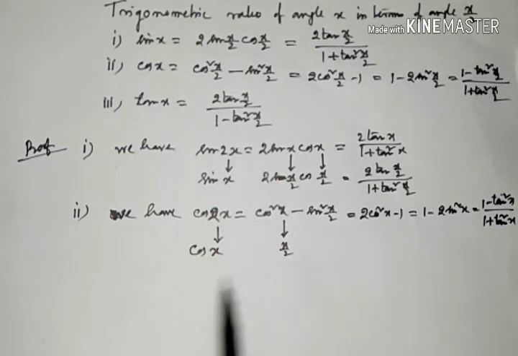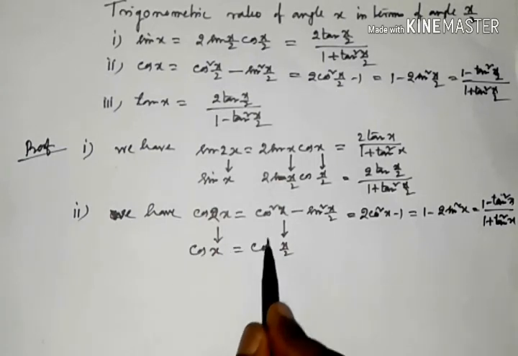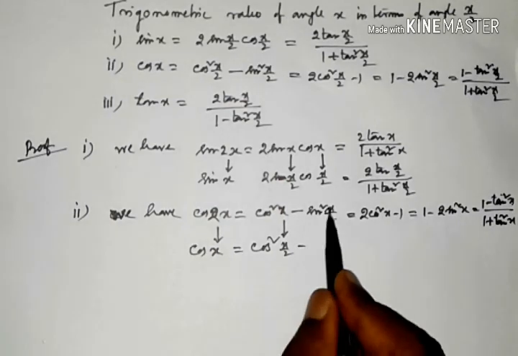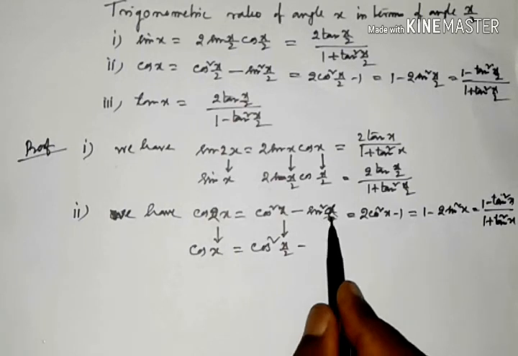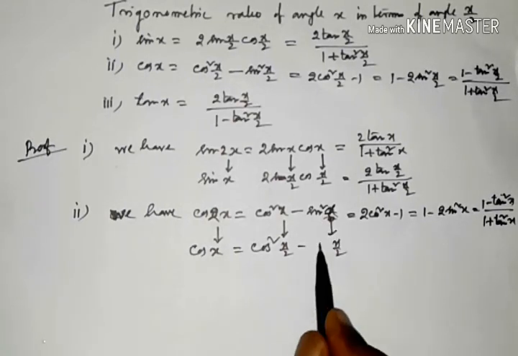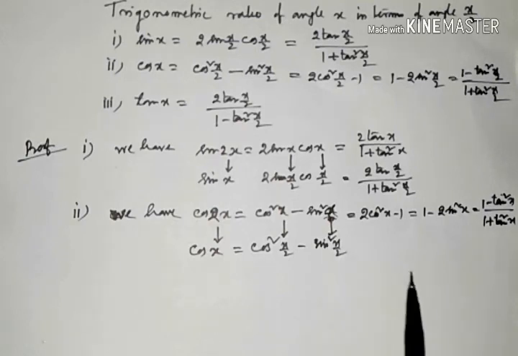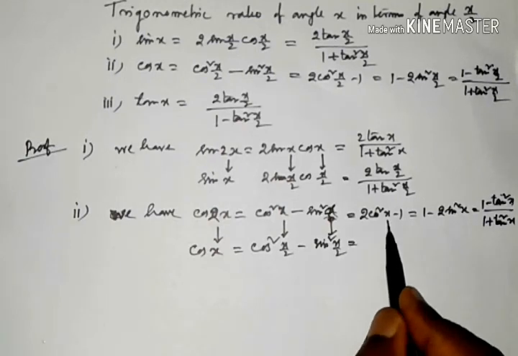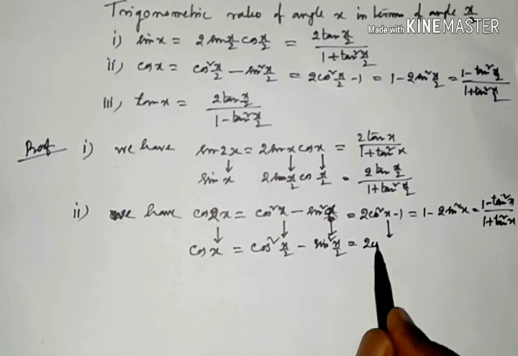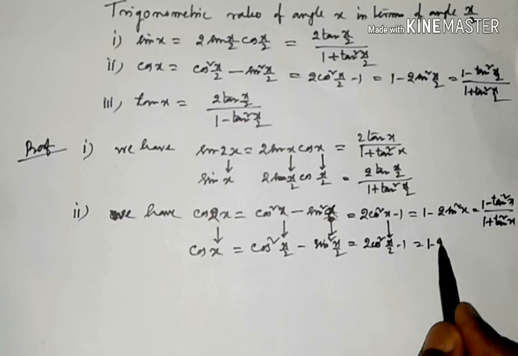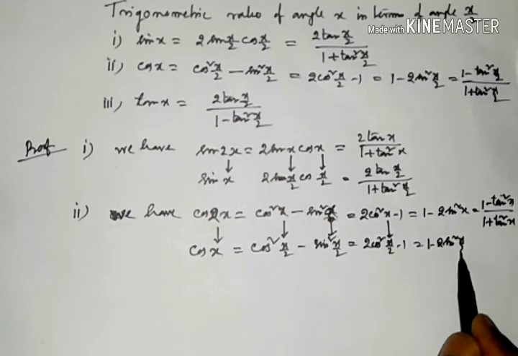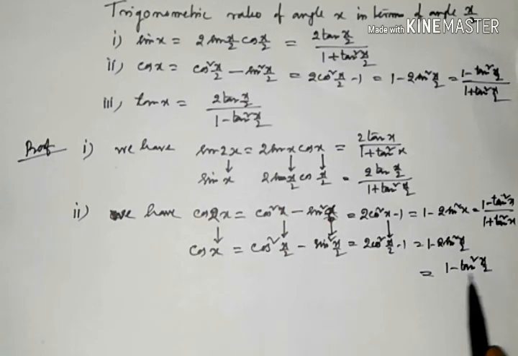So cos x is equal to cos square x by 2 minus sin square x by 2, or 2 cos square x by 2 minus 1, or 1 minus 2 sin square x by 2, and (1 minus tan square x by 2) by (1 plus tan square x by 2).